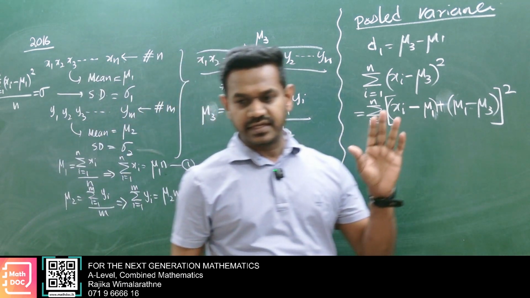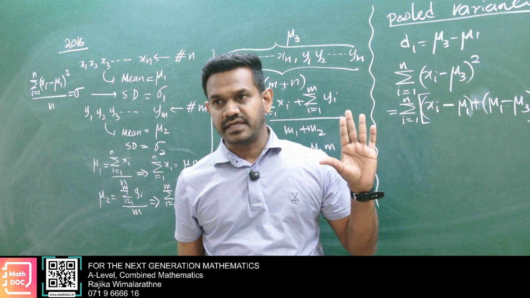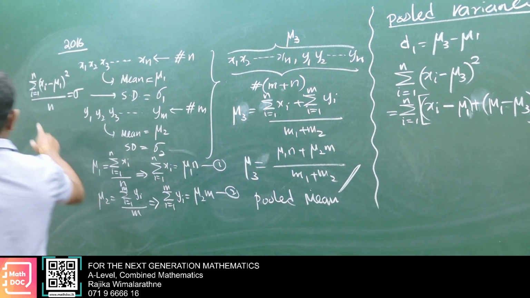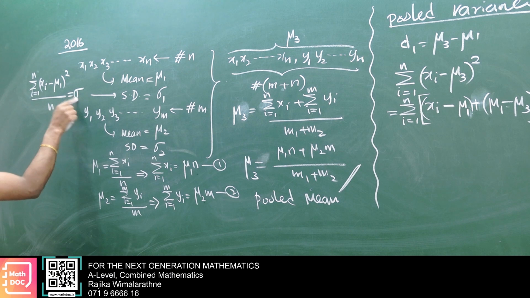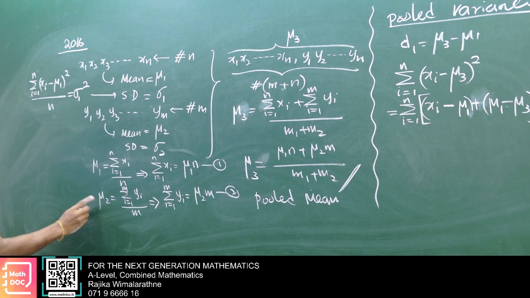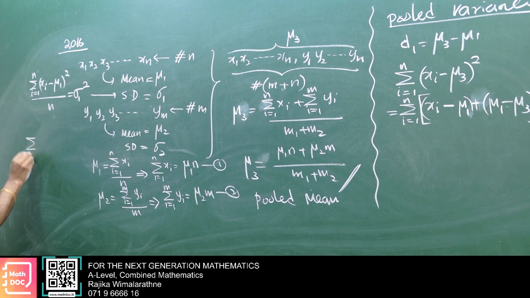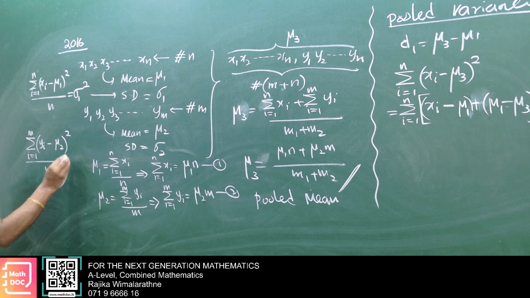Then the standard deviation is the square root of it. And sum over i equal 1 to m of (yi minus mu2) squared divided by m is the variance of the second set.